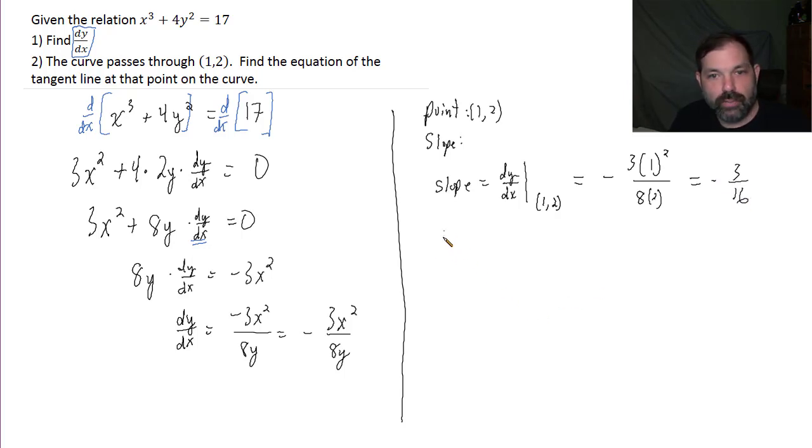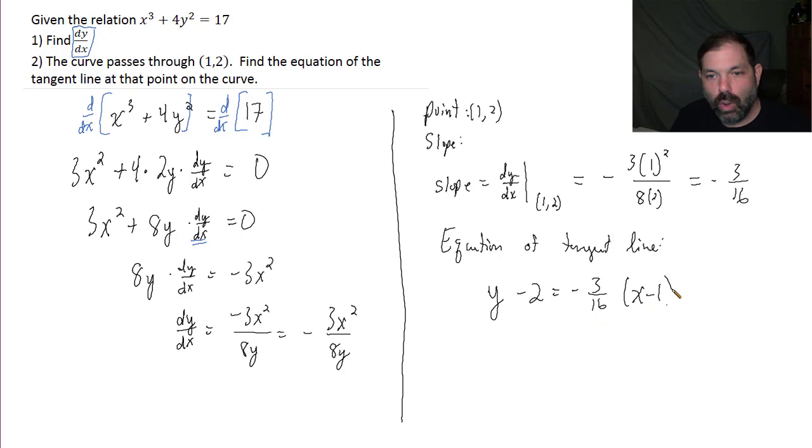So then the equation of the tangent line would be, we could write it in the point slope form, y minus 2 is negative 3/16 by x minus 1.